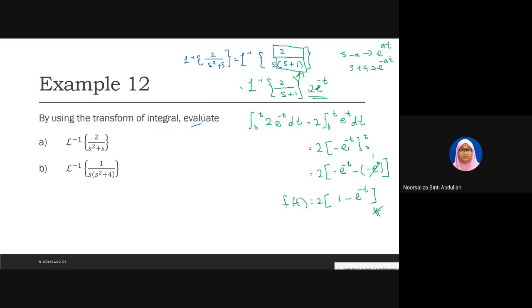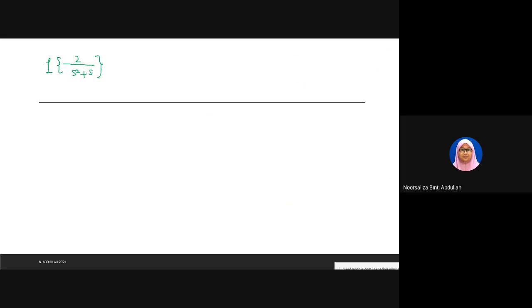So this one, the inverse equals the inverse of 2 over S square plus S. Then you factor out S, here you have S plus 1.